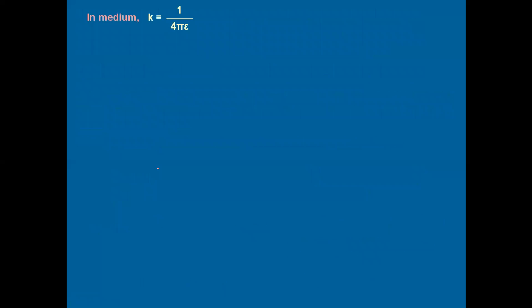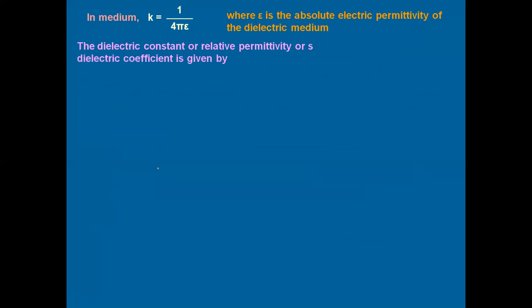Suppose we are keeping the two charges in a medium other than vacuum, then the value of constant K becomes 1 by 4 pi epsilon, where epsilon is called the absolute electric permittivity of the dielectric medium.